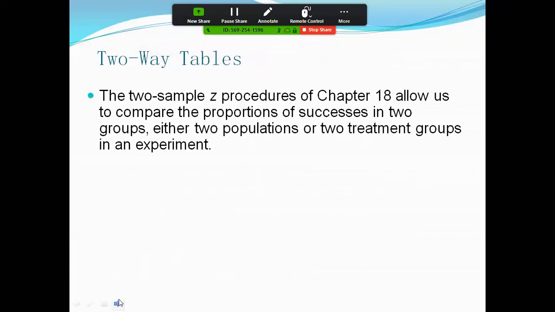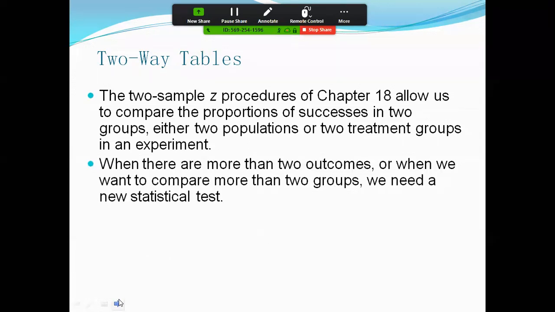Two-way tables. The two-sample Z procedure of Chapter 18 allows us to compare the proportions of successes in two groups, either two populations or two treatments of groups in an experiment.